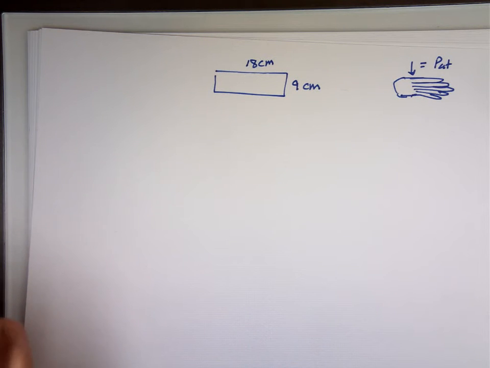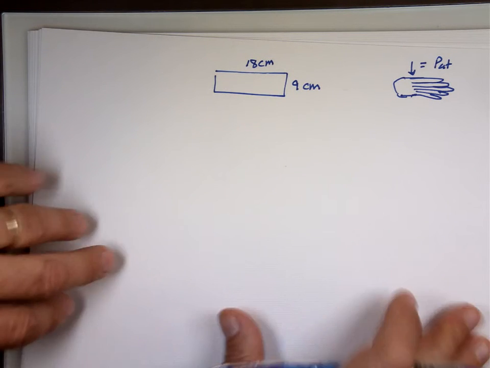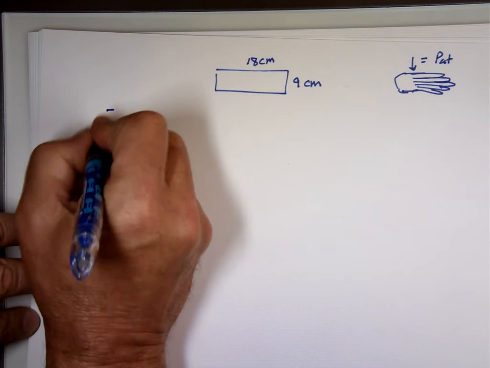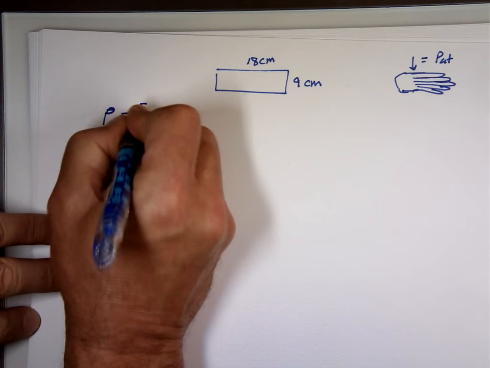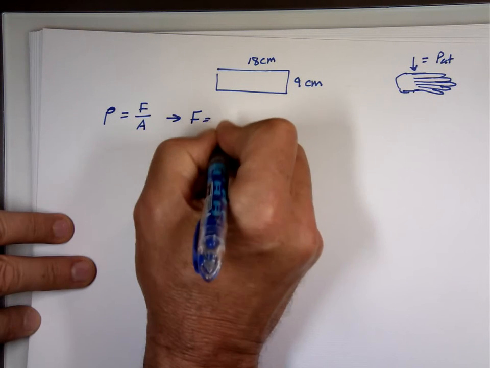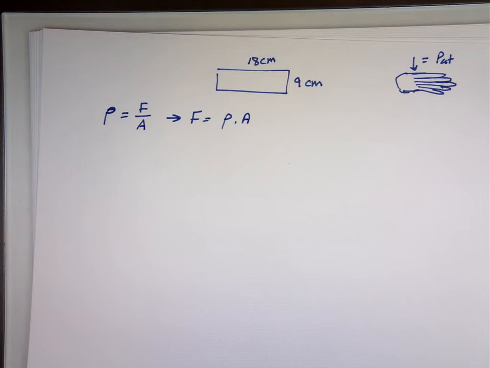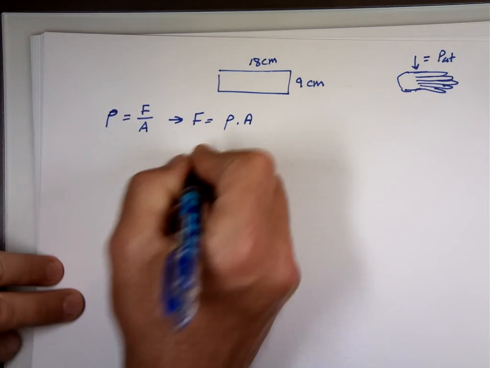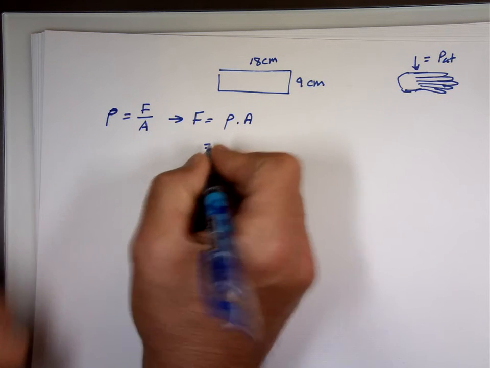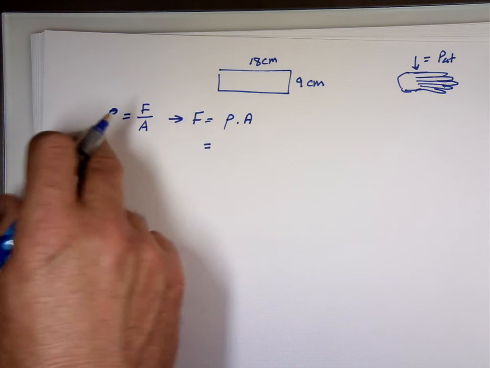So what is the force of the air pushing on my hand? What is that force equal to? P equals F over A. You can say F equals what? P times A. Just playing with the math. I'm looking for the force of pressure by the air on my hand. I said P, not rho.